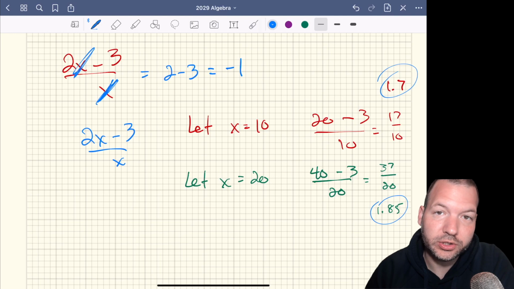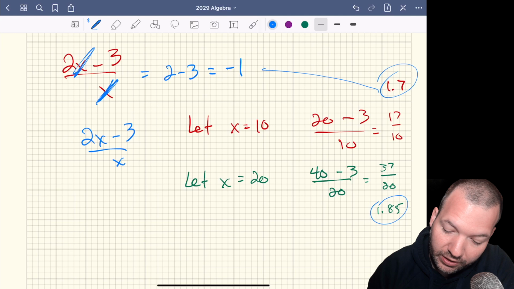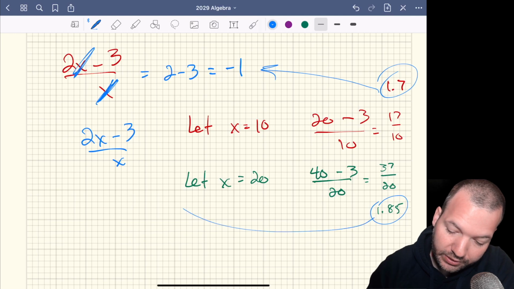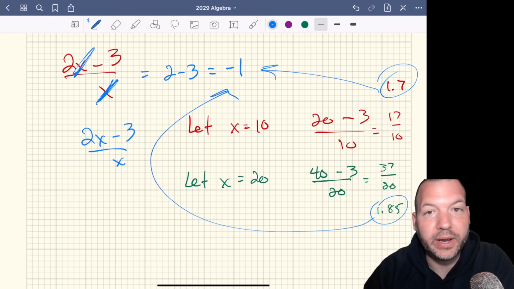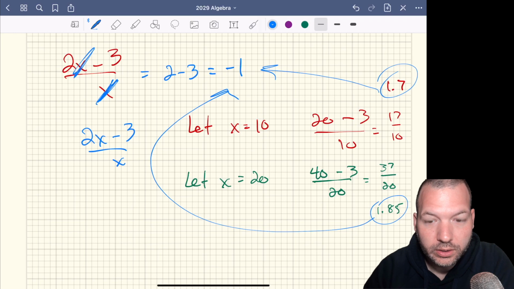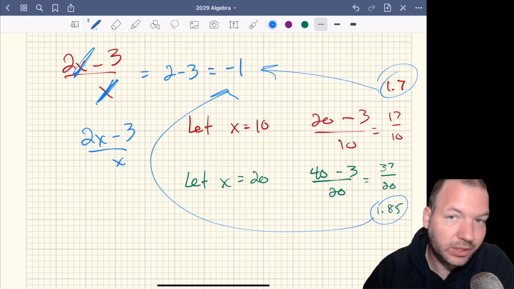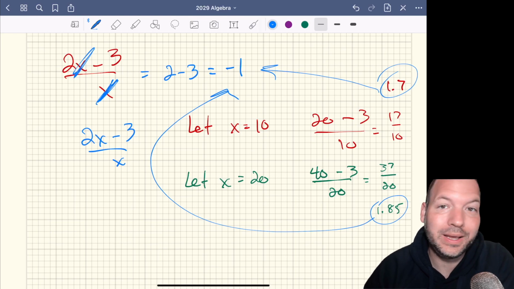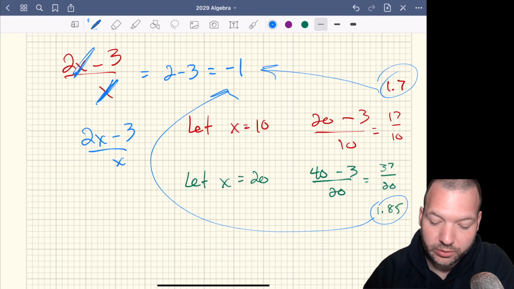This expression changes its value depending on what x is, and definitely neither 1.7 nor 1.85 is negative 1. This expression, I don't even know if it can take on the value negative 1. Actually, as I think about it, the answer is yes, it can, but it's if x equals 1. If x equals 1, that does actually end up working out to be negative 1. But again, it would only be in that one specific circumstance. So we can't cancel like that.